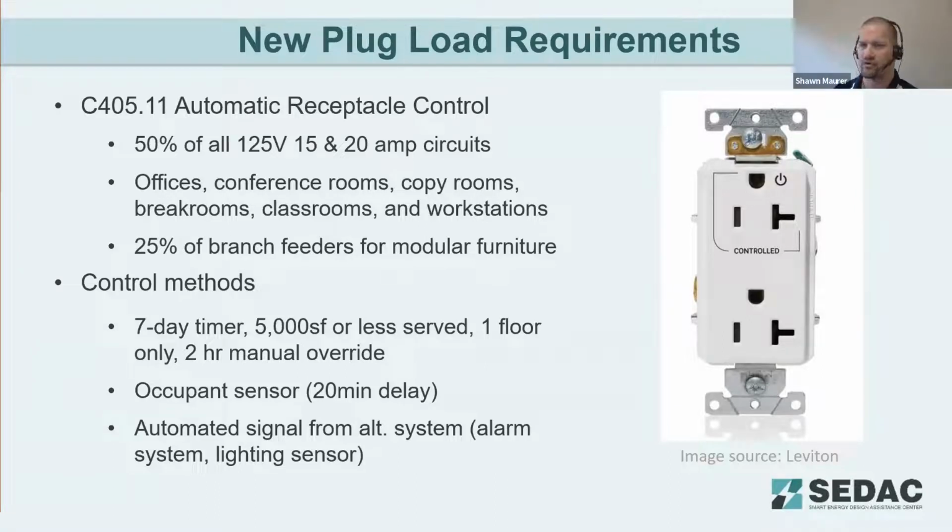So the exceptions are for 24/7 mandatory equipment and spaces where automatic control creates a hazard. And then there's a spacing requirement here as far as the space between controlled outlets that can be expanded in cubicles, allowing a little bit more flexibility for those types of spaces.